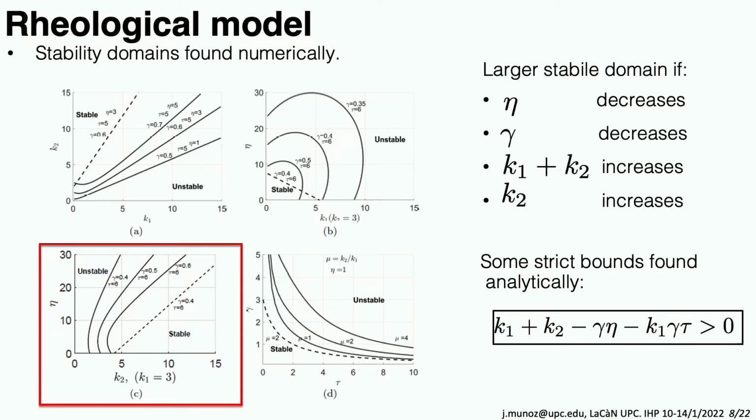And what we have in a dashed line in all the diagrams is this bound for the sufficient condition for having instability. Okay, we don't have an analytical bound as we had before, but looking at the characteristic equation of my previous DDE, we also have these bounds.